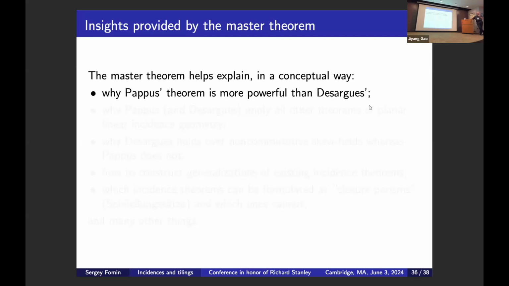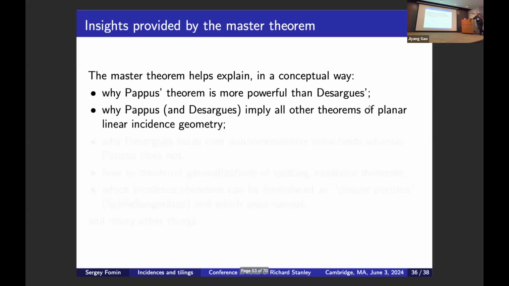We can actually deduce Desargues from Pappus using this technology. It's a famous proof due to Hessenberg, notoriously cryptic. We can explain why Pappus and Desargues together, or we can throw away Desargues if you want, imply all other theorems of planar linear incidence geometry.